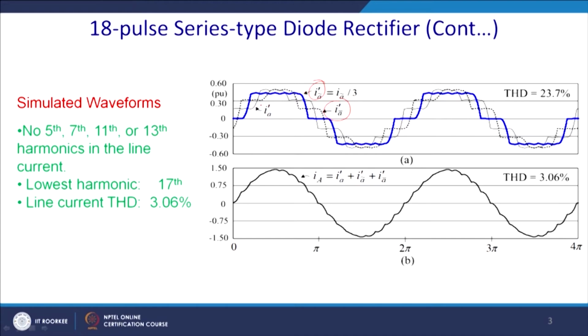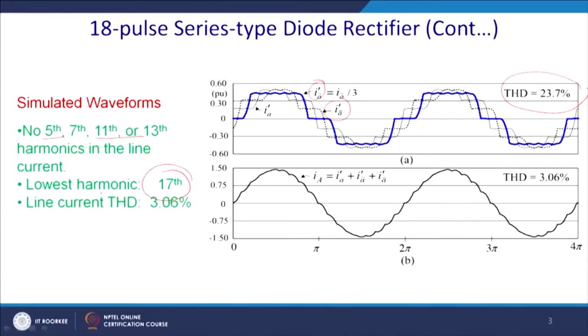This particular waveform, maybe the blue one, has a THD of 23% if it is fully loaded, and once you add all these waveforms, the 5th, 7th, 11th and 13th are eliminated. Since they are eliminated, you are left with the next harmonics, which in an 18 pulse converter will be the 17th and the 19th.